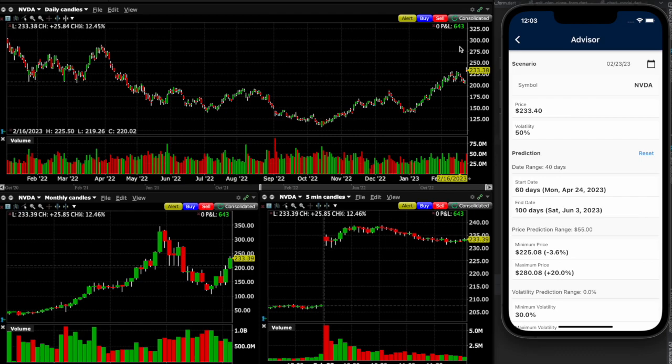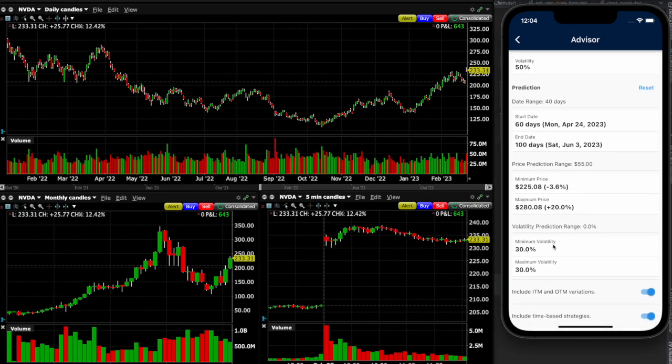And in the best case, it will advance to the next resistance level, which is around $280. The volatility will probably stay around the 50% level, since from the volatility smile graph, this value is pretty consistent.